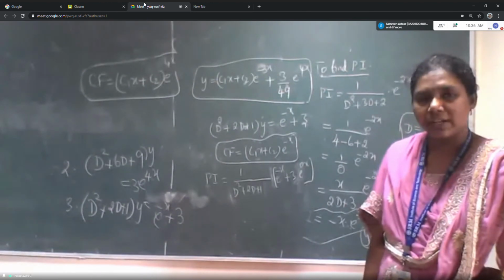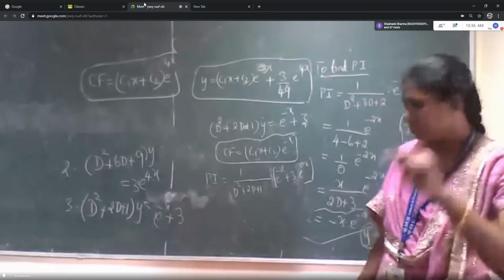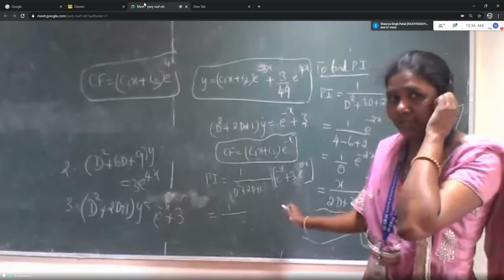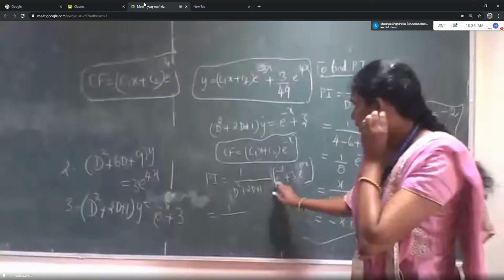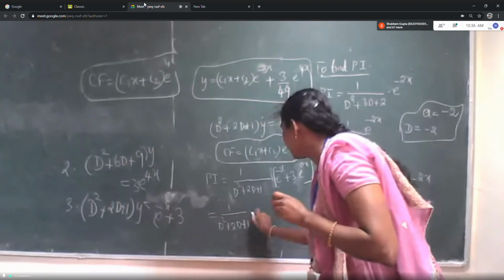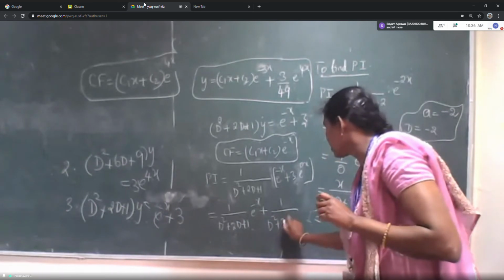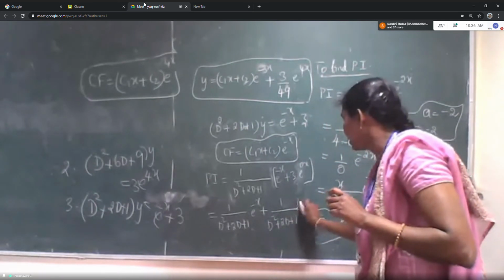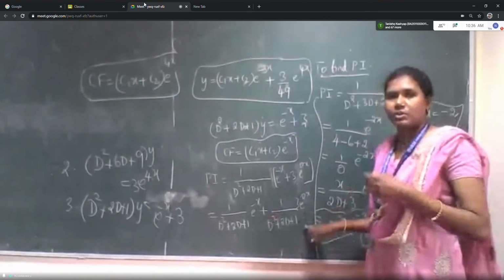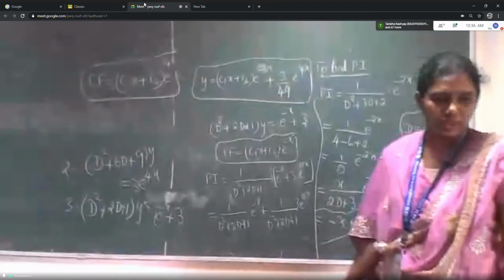E to the power 0 value is 1. We can split into 2 parts, PI1 plus PI2. So 1 by D square plus 2D plus 1 into e to the power minus x is one term, plus 1 by D square plus 2D plus 1 into 3 e to the power 0x. Here, same question, put D equal to 0. You'll get the answer. Okay.